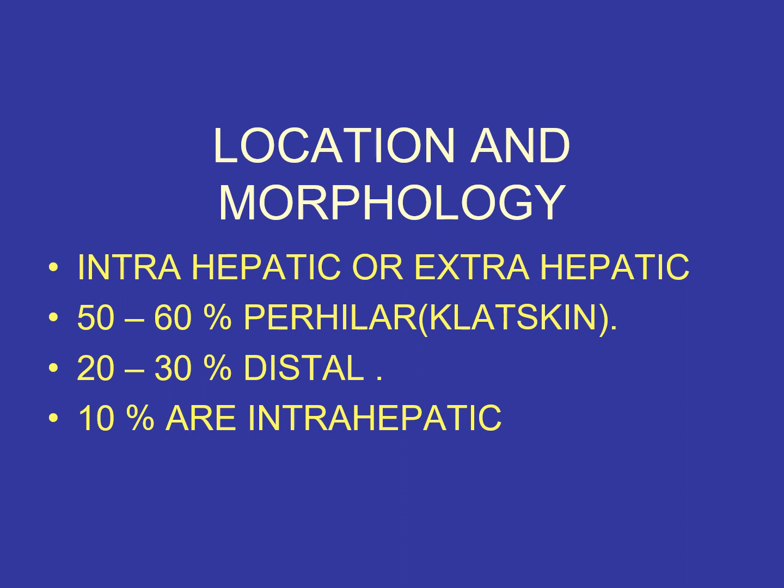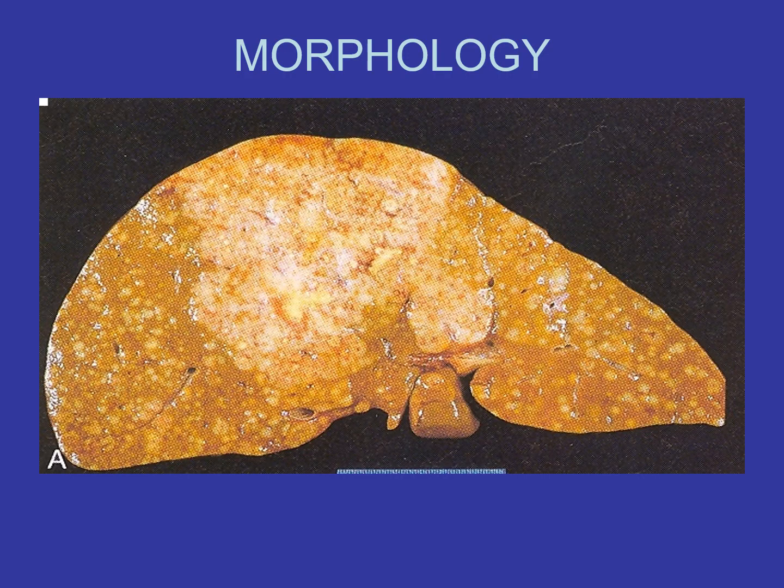But remember, there are features which differentiate it from hepatocellular carcinoma. One feature I've already told you: cholangiocarcinomas are not bile stained tumors. On gross appearance, the whole liver is studded with small tan yellow nodules, and there are areas of necrosis.